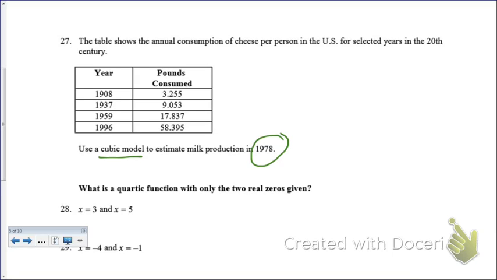So the same thing: you're going to go into Desmos, add a table, and put in your data for that table, and then you're going to add a cubic function, and your cubic is going to look like this: y sub 1 equals a x sub 1 cubed plus b x sub 1 squared plus c x sub 1 plus d. So that's what we're going to end up putting into Desmos.